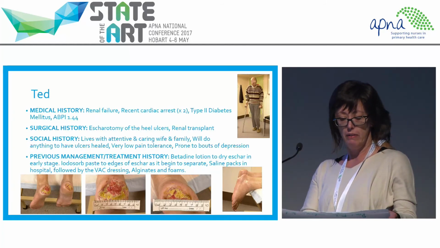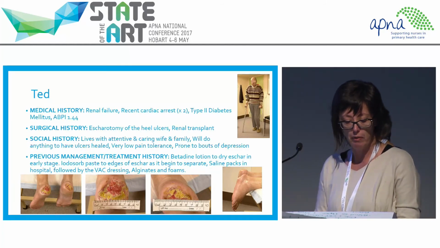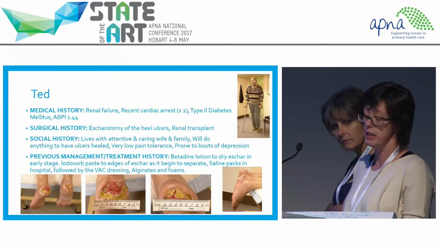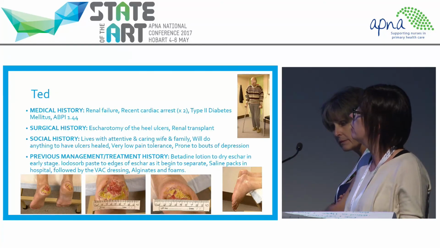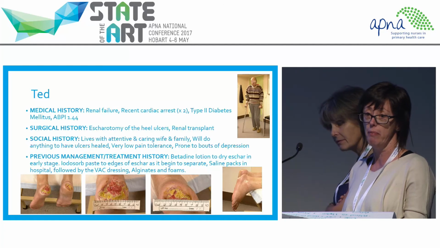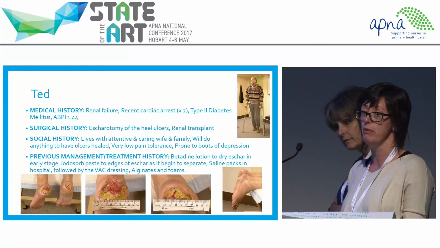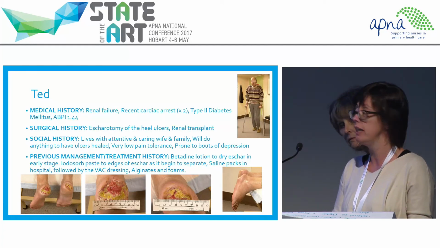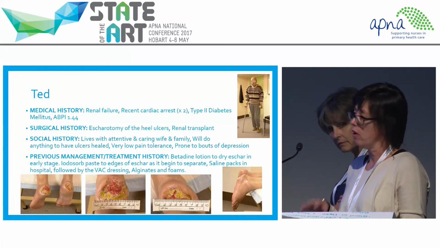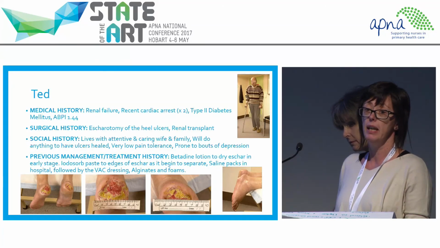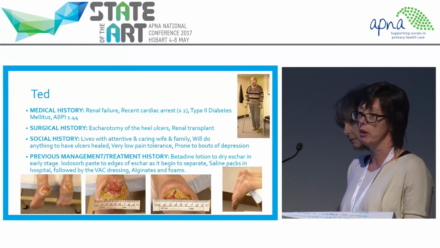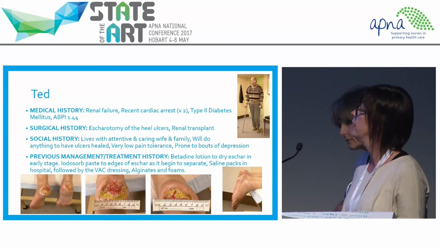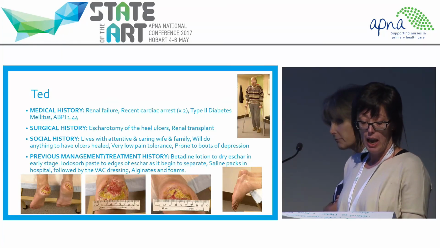So our interventions, first of all, we're just going to manage the dressing. We're going to consider autolytic debridement because he has a lot of pain, so any other form of debridement would probably not be tolerated. We will obviously put something on the periskin to protect that. We were considering some sort of antimicrobial dressing because of his diabetes and his immunosuppression.